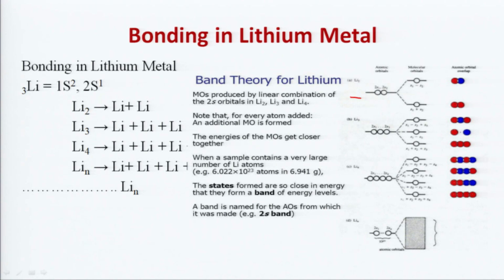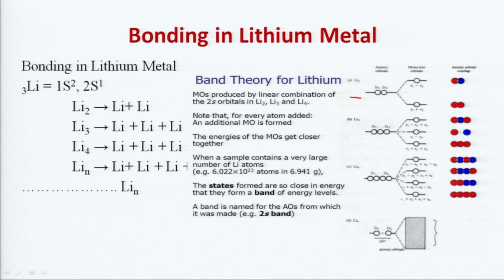The band theory for lithium says that MOs are produced by linear combination of 2s orbitals in Li2, Li3, Li4. They are represented over here. Let us have a look. Note that for every atom added, an additional MO is formed. The energies of the MOs get closer together.